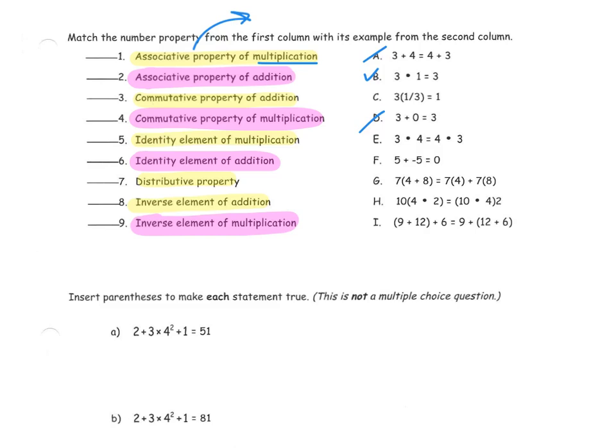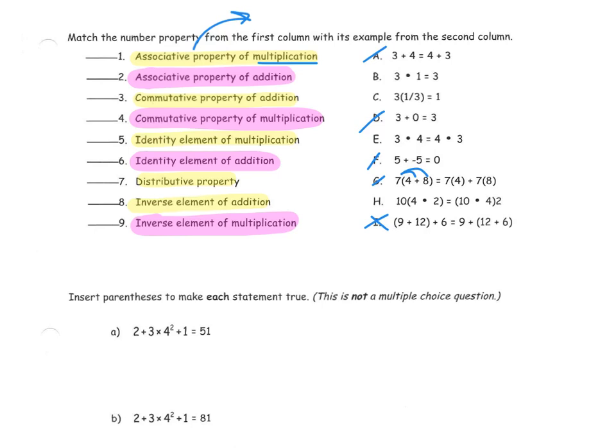This has addition, this has multiplication, addition. This is the distributive property, I can already tell, because my outside element is being multiplied by the inside elements. And this is multiplication, we'll keep that, and this is addition. Okay, so I've narrowed it down to a few choices already. So I have B, C, E, and H as possibilities for number 1.